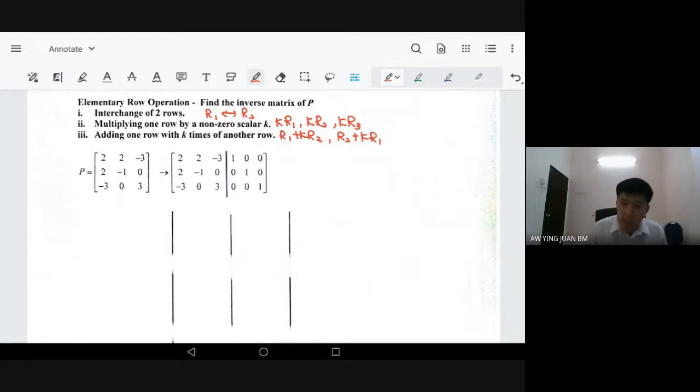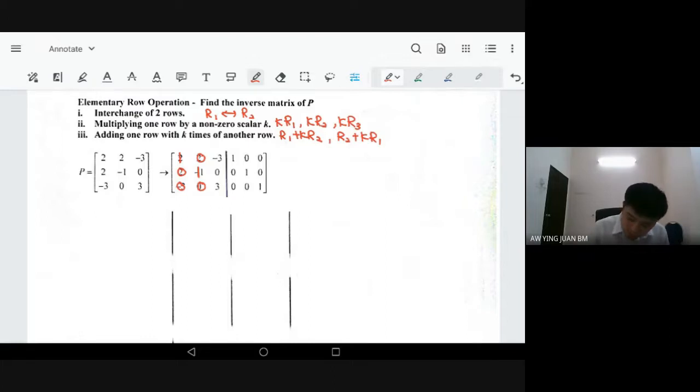So here is the sequence. Number 1, make sure this one becomes 1, the A11. Followed by 0. The second step. Third step. Next, step number 4. Make sure the 1 is located in the A22. Next, 0. Step number 6, 0.